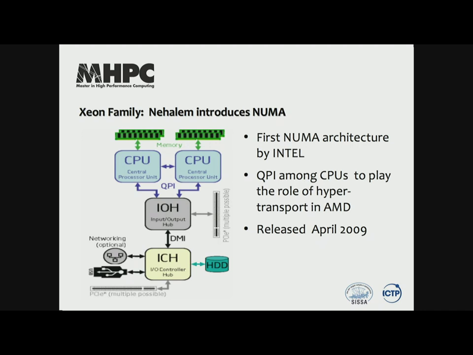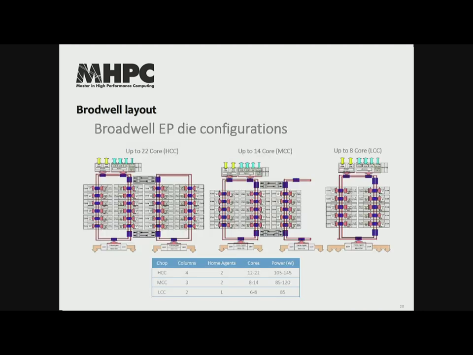So we have CPUs, we have memory, and then we have something that connects the 2 CPUs and the memory. When I have to write from here to here, I go through the QuickPath, which is a sort of network within the CPU that connects the different sockets. Okay? And this is a modern CPU, Broadwell, that we have on the cluster that we are using.